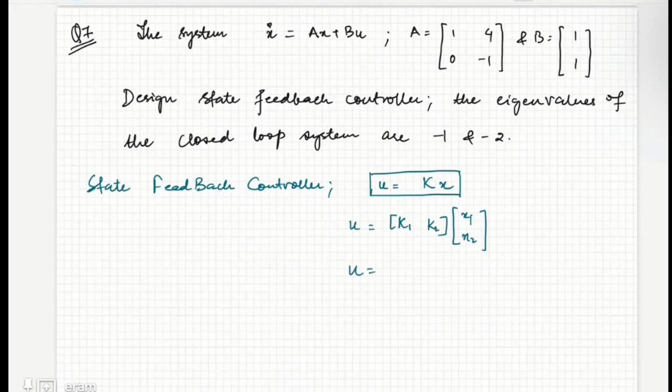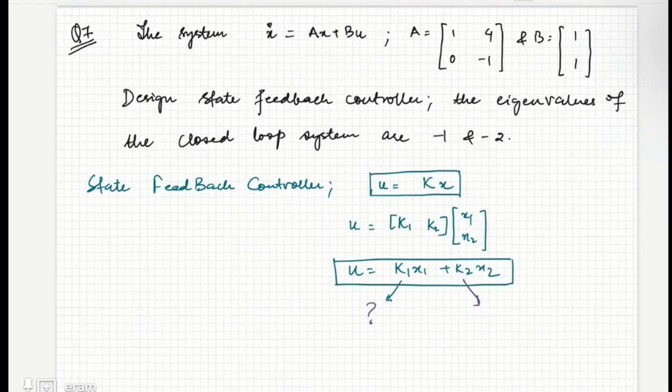So the controller is basically K1 x1 plus K2 x2. Given this controller, we need to find these scalars K1 and K2 such that the closed loop system has eigenvalues of -1 and -2.